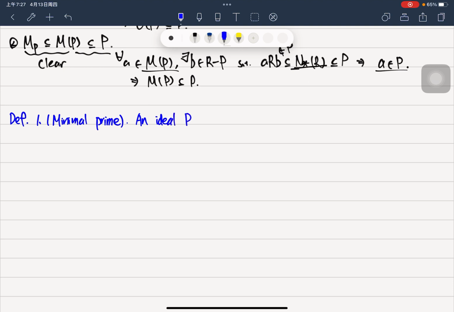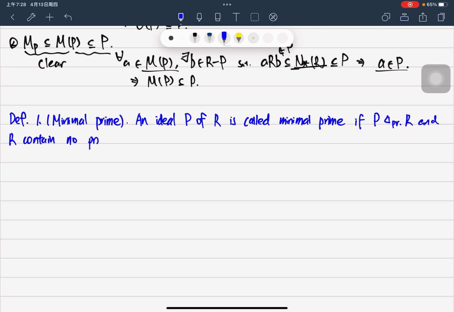An ideal P of R is called minimal prime if P is prime and P contains no prime ideal of R. And second, completely prime.